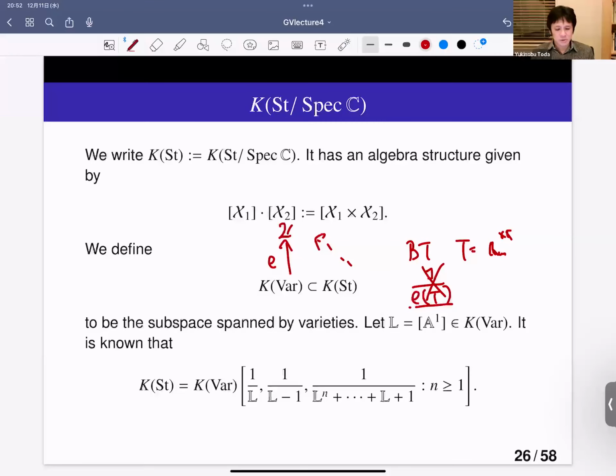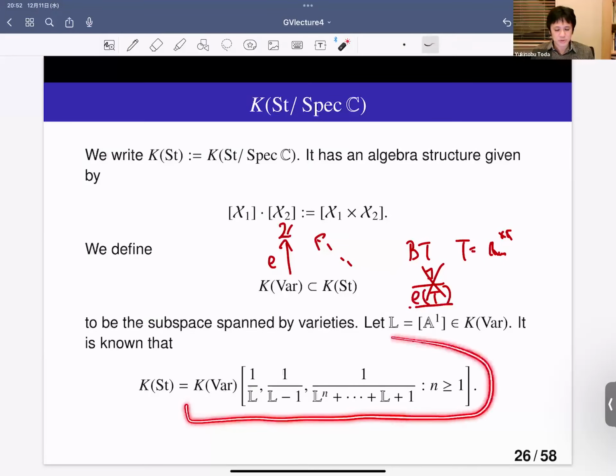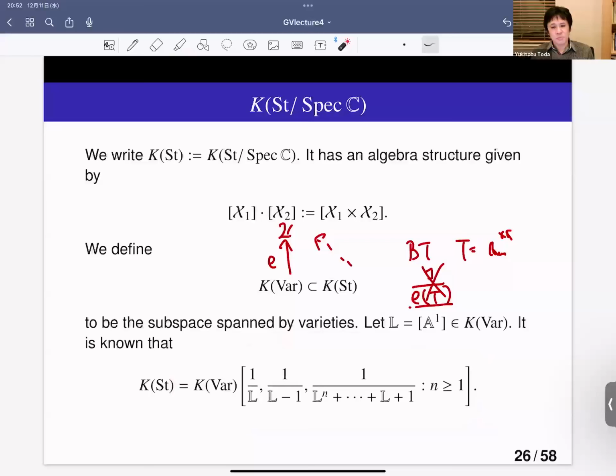But the quadratic group of varieties of the stack is explicitly described in this way. So L is the class of the affine line. The Euler characteristic of the affine line makes sense; it is just 1.